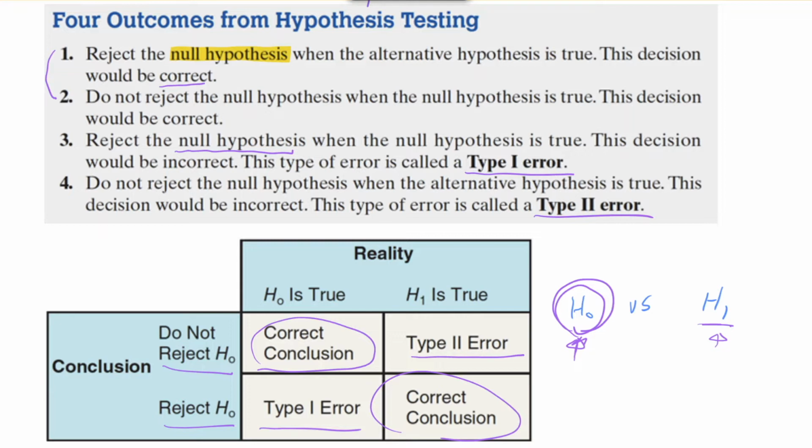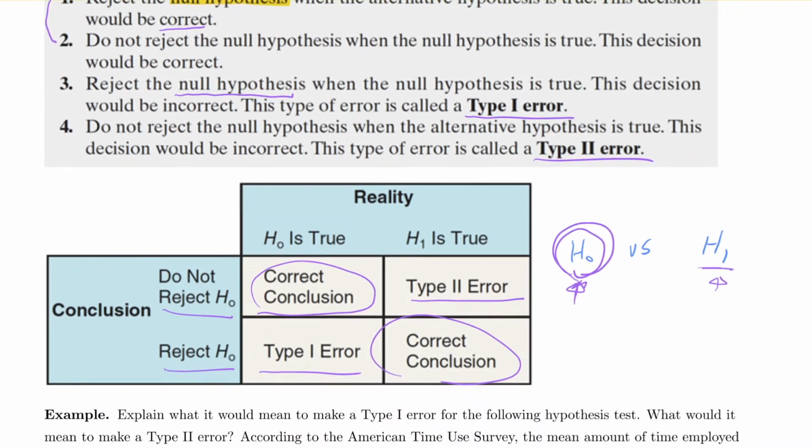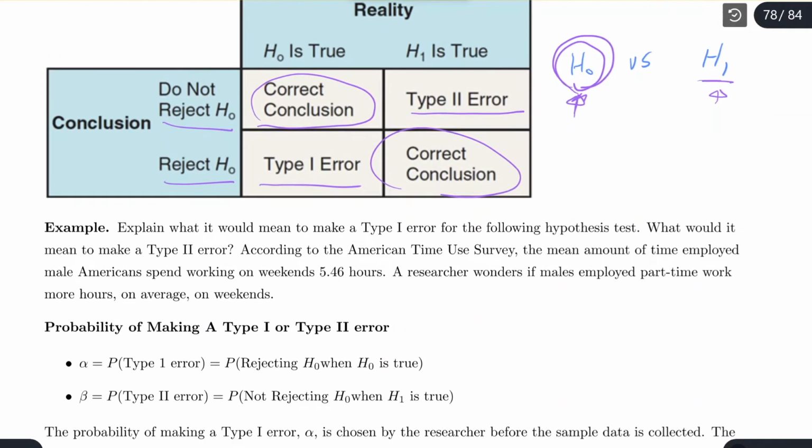Type 2 error is actually very complicated to calculate in reality relative to type 1 error. So in our class, we're going to focus more on type 1 error and how to avoid it. But moreover, our main focus is on how to state the correct conclusion, given a conclusion.